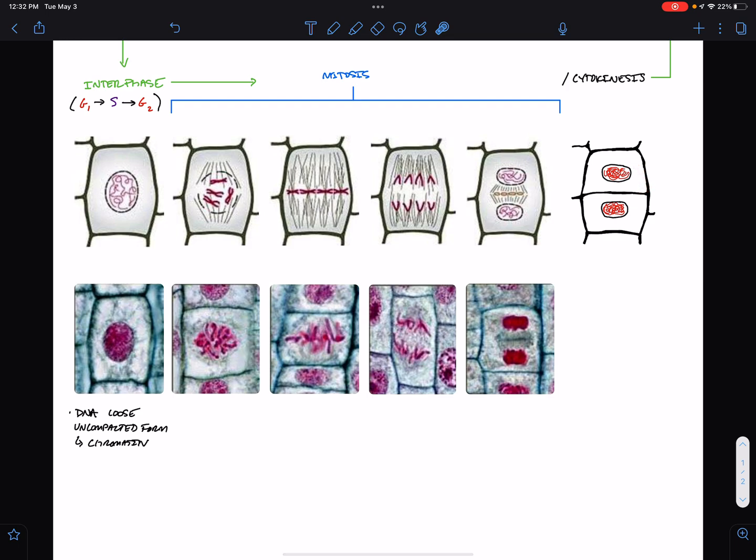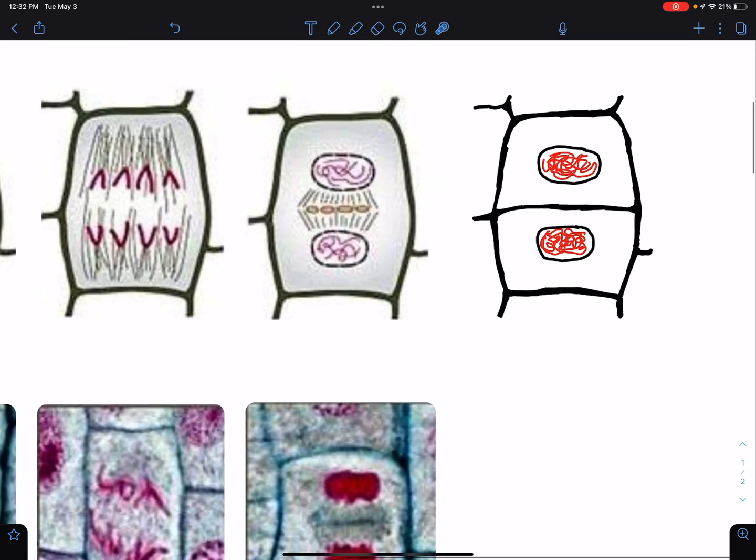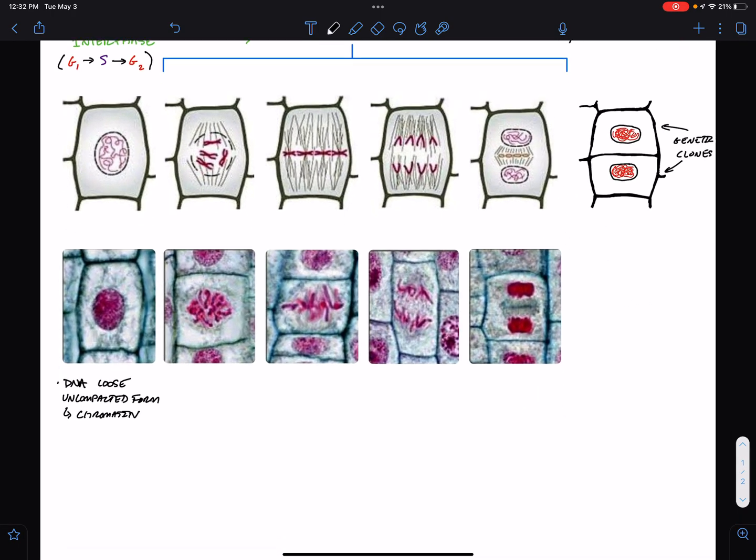So we ultimately get two cells that at the end are genetic clones. They exactly resemble each other in terms of the DNA that is inside of them.